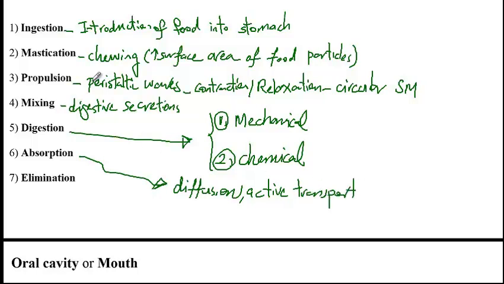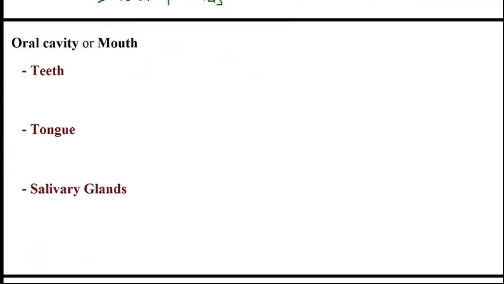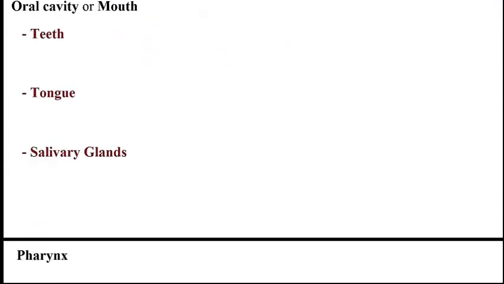And then finally we have elimination, where waste products are being excreted from the body as feces. Alright, so basically that is a summary of the functions of the digestive tract and different definitions that you should be familiar with. Now let's move on with different structures, starting with the oral cavity or mouth.